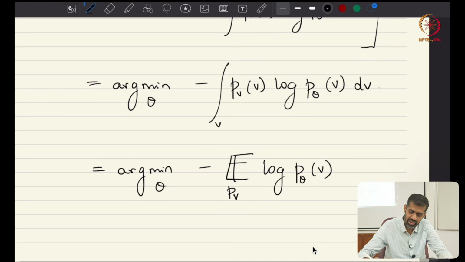So if we invoke the law of large numbers, you tell me which one. Weak law of large numbers.